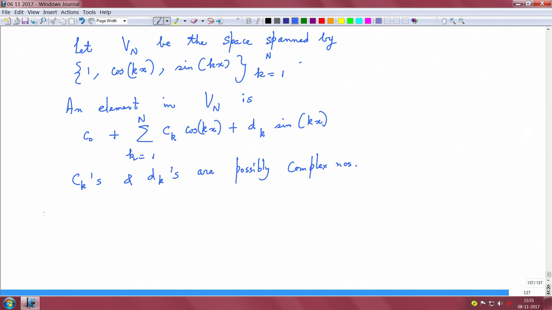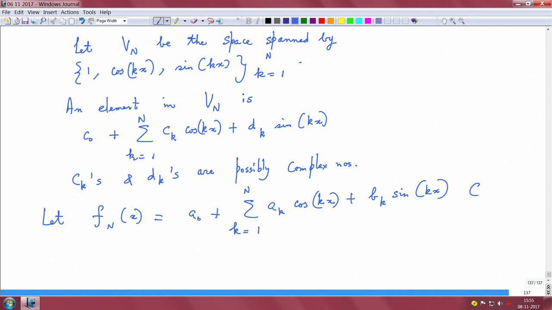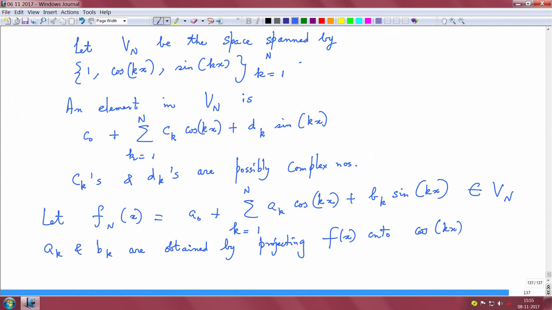Now, if you say some fn of x is a naught plus the summation k equals 1 to n of a k cos kx plus b k sin kx belonging to this space, a k and b k are obtained by projecting f of x onto cos kx and sin kx, right.